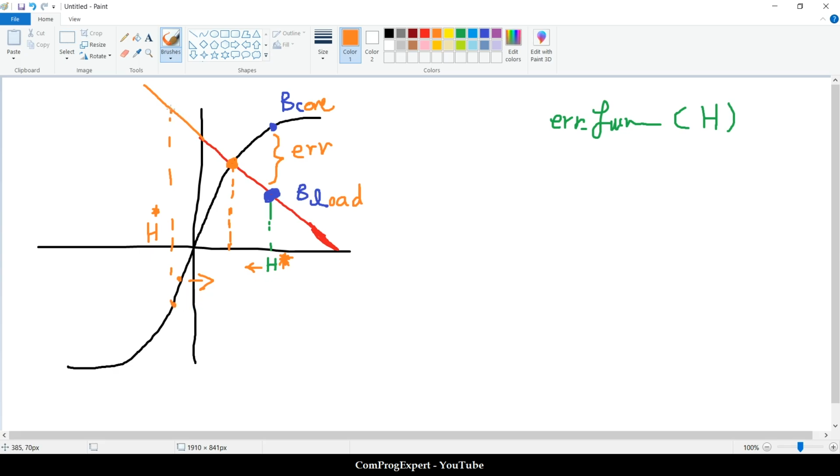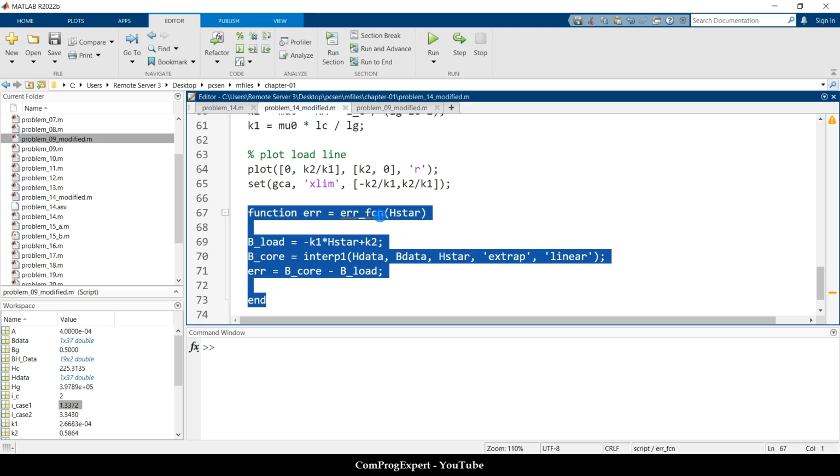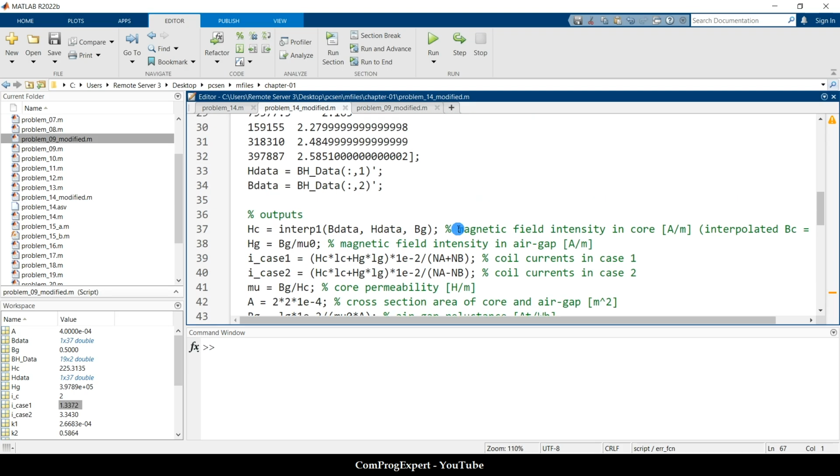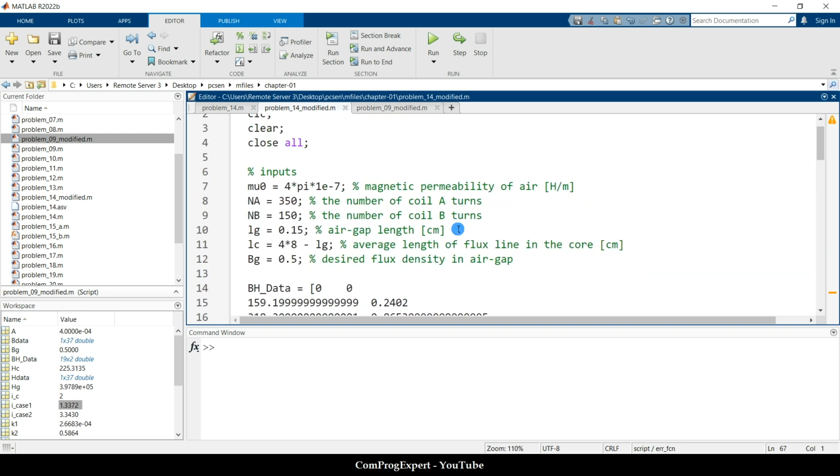And when H star is here, the value of the error is positive. So when the value of error is 0, we can find the operating point. So how can we use the root finding function in MATLAB? I am going to explain it now.